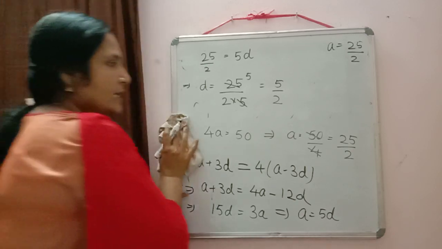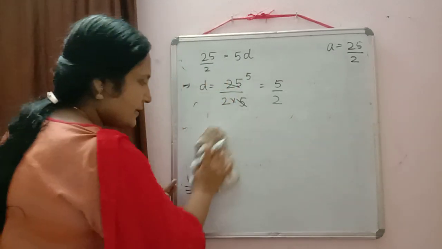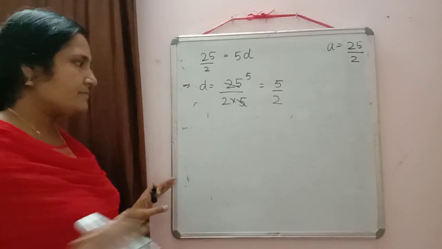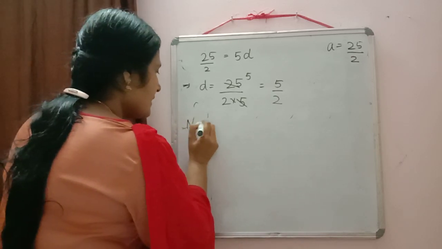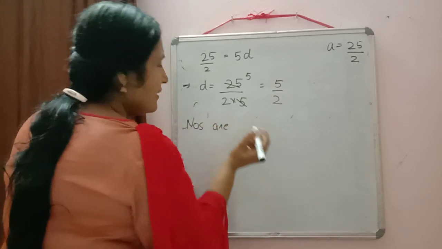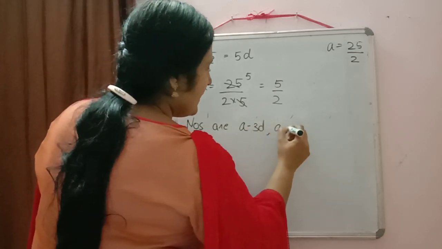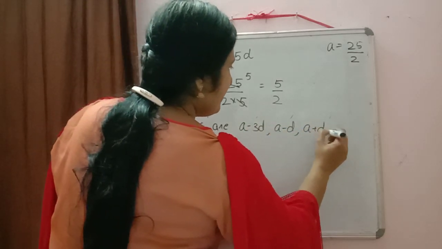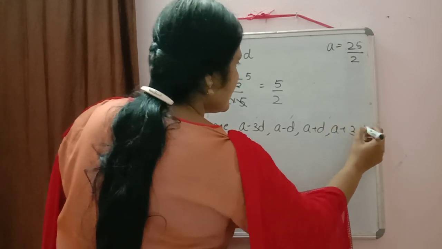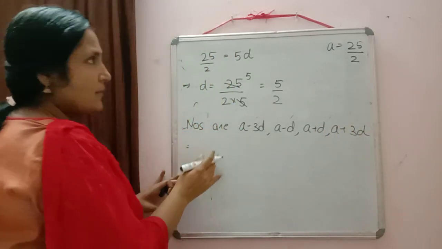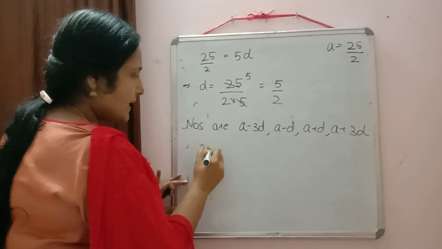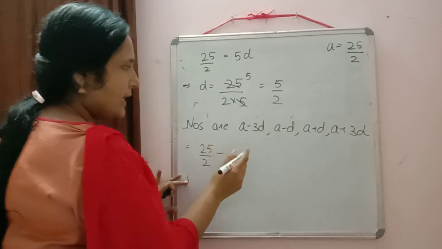Now we want the numbers. So we will write the numbers are, how we wrote the numbers? A minus 3D, A minus D, A plus D, A plus 3D. Now we will substitute the value of A. Value of A was 25 by 2 minus 3D.